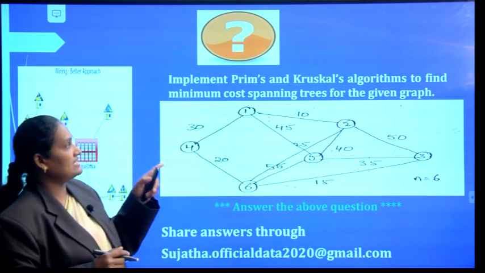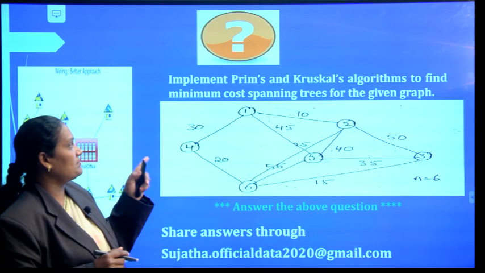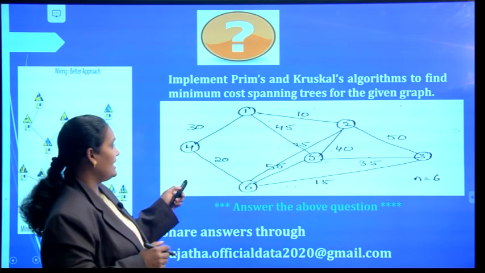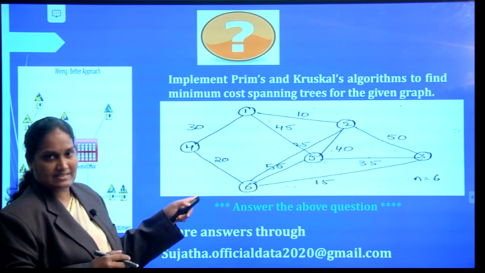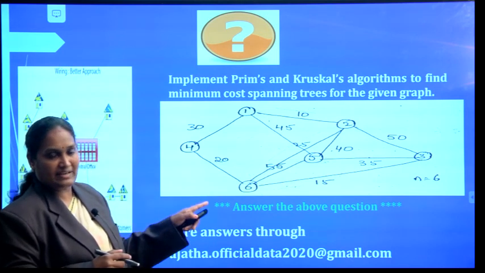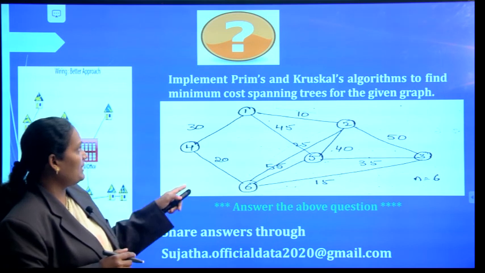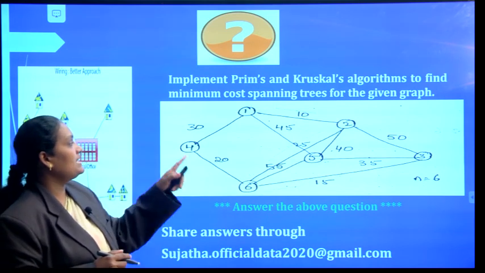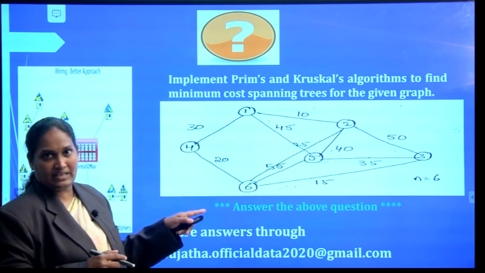Implement Prim's and Kruskal's algorithms to find minimum cost spanning trees for the given graph. Here I have given a graph which contains 6 vertices and also the edge weights in the graph.